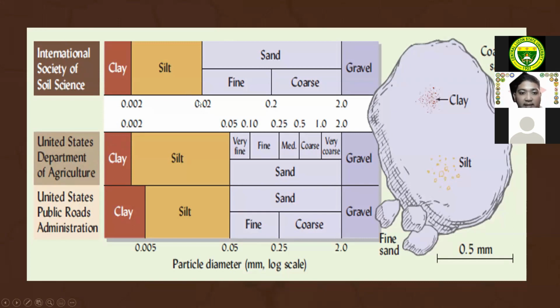Yung silt natin is 0.02, yung upper limit according to ISSS. Then according to USDA, ang upper limit ng silt is 0.05. Okay, then pagdating sa sand, regardless kung fine siya or coarse, it ranges from 0.05 to 2 mm according to USDA. Then yung ISSS naman is 0.02 to 2 mm. Yun yung sa sand.